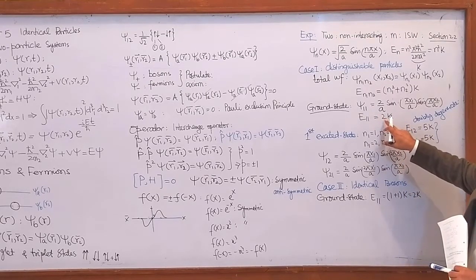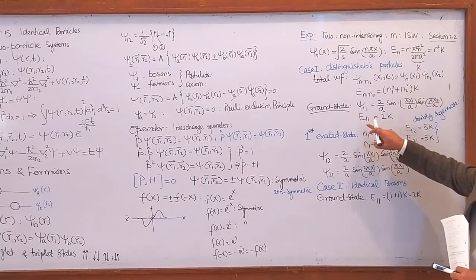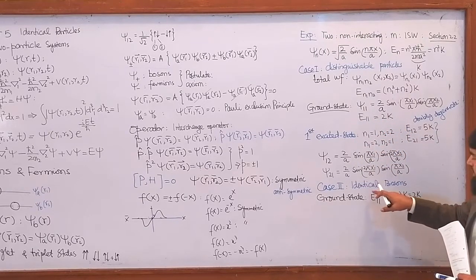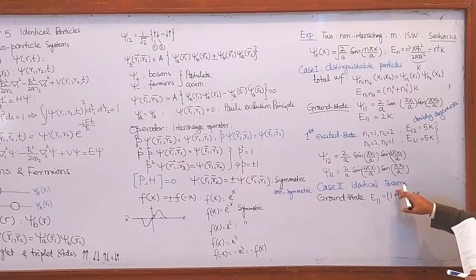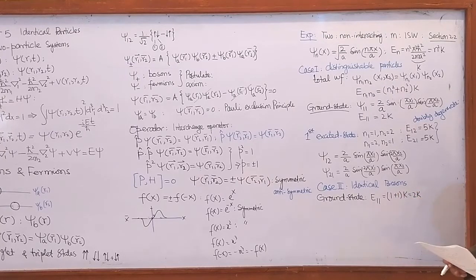So like the distinguishable particles, the identical particles, bosons, are also sharing the same energy, which is equal to 2k.